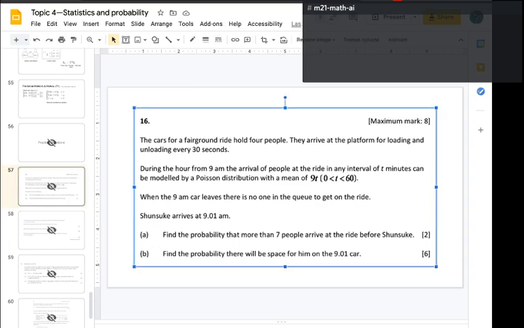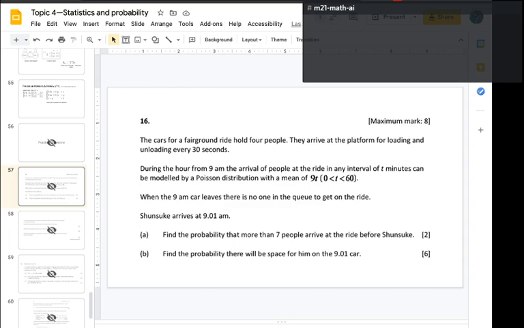One of the ways is to read out loud or to underline all the stuff that's around. And we have Poisson distribution here when I read it, so that means you're going to have to use Poisson distribution. Actually, it's kind of obvious if they say loading, unloading every 30 seconds. That sounds like interval timing. So yeah, it's already hinting at it. Okay.